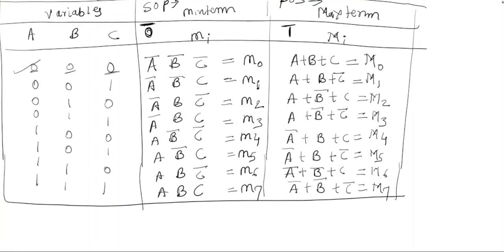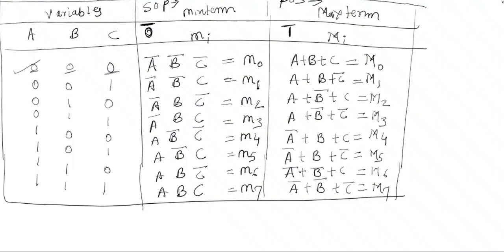Clear? So these are the M notations which are used to represent the standard SOP min terms and standard POS max terms. Min terms are represented by the small m and the index value represented by i. Max terms are represented by the capital M and the index i, 0 to 7.